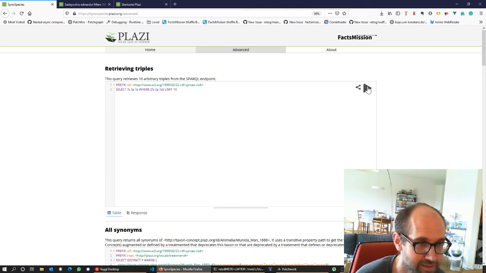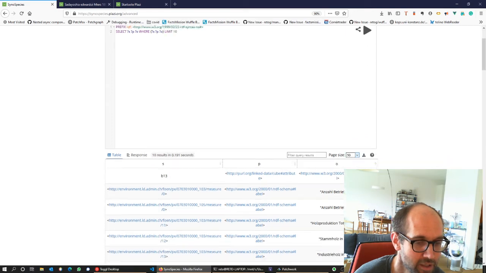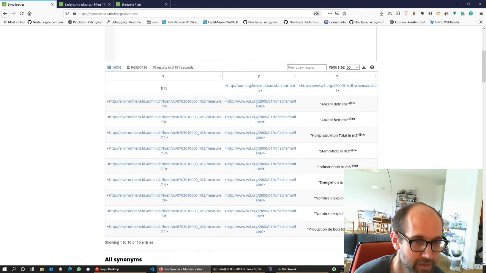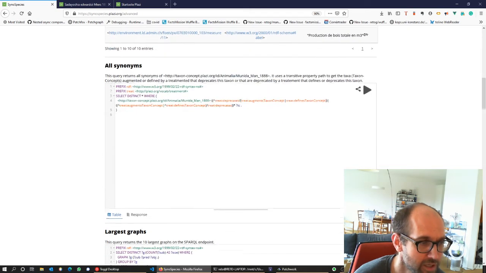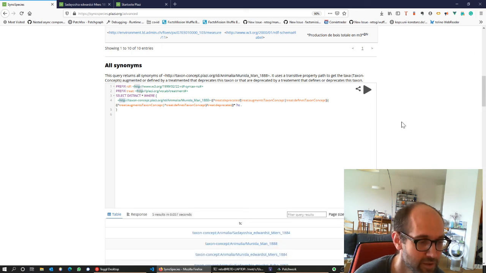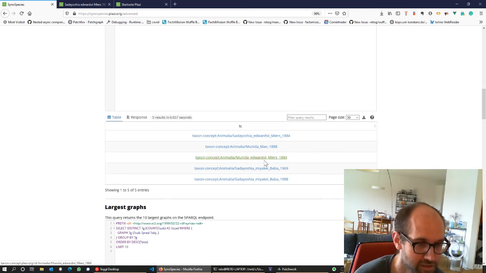Just get 10 statements from it, which doesn't help a lot. If we have a more complex query where we get all synonyms for the species identified by this URI, then by running this query, we get its 5 synonyms.